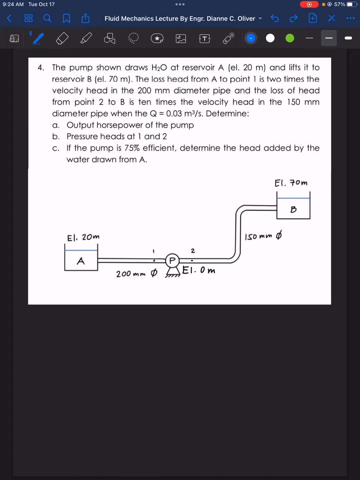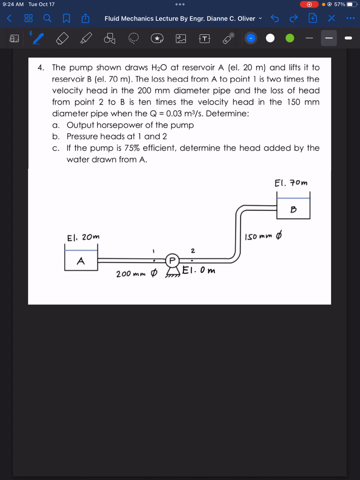The loss head from A to point 1, so this is our point 1, is 2 times the velocity head in the 200 mm diameter pipe. So this is our 200 mm diameter pipe.